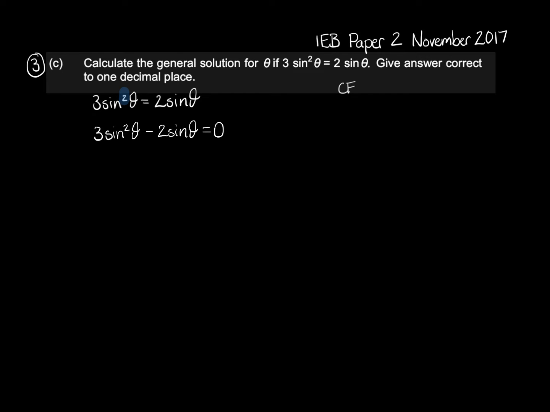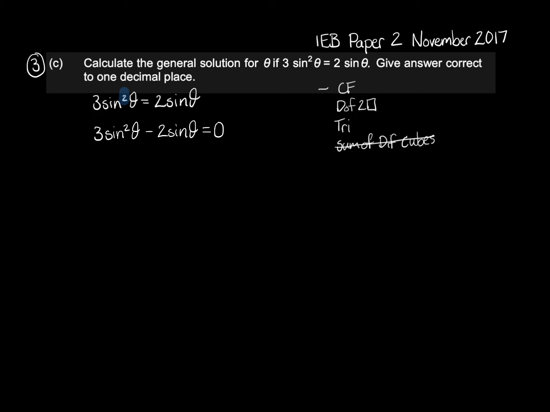Of course, I have the common factor, I have a difference of two squares, I have a trinomial. And I suppose we could look at a sum or difference of two cubes, but I highly doubt you will ever be asked that in the context of general solutions.